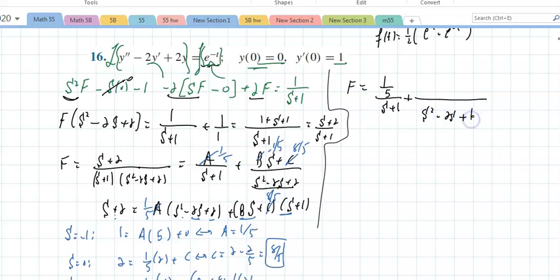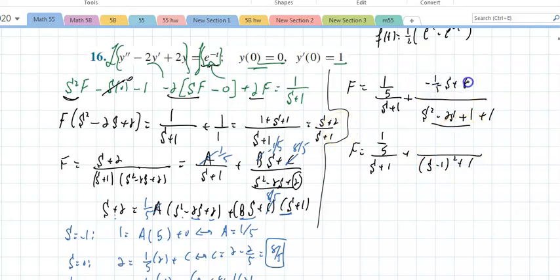Don't you need a plus 1 and a plus 1? So wouldn't F equal 1/5 over s plus 1 plus, isn't that s minus 1 squared plus 1? So for the top, it's really negative 1/5 s plus 8/5. If I take the negative 1/5 out, wouldn't that be s minus 8? If I'm not mistaken.